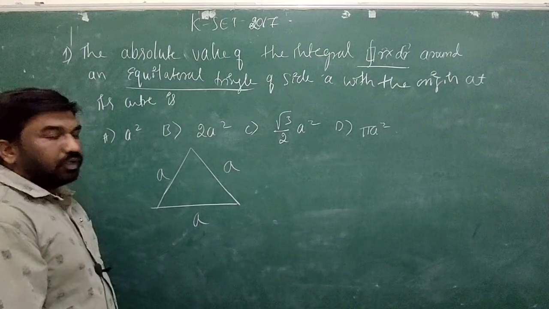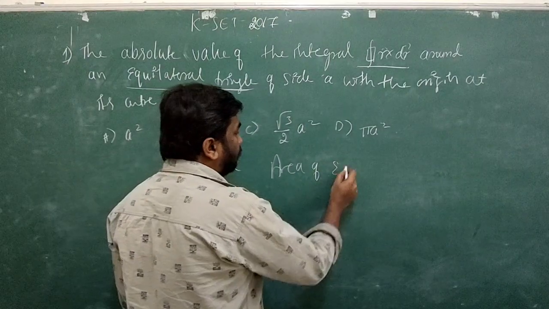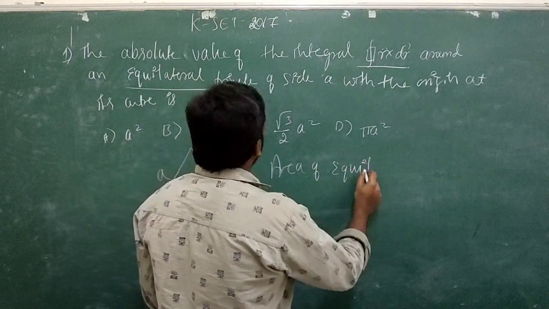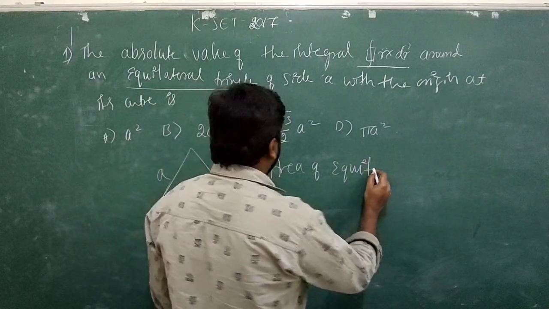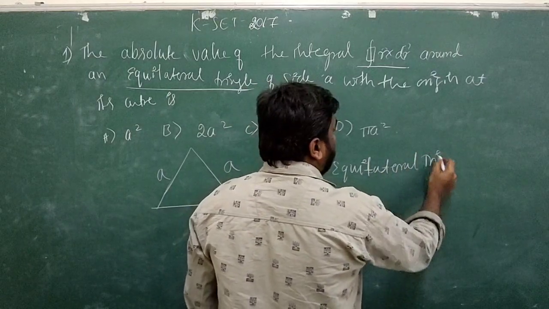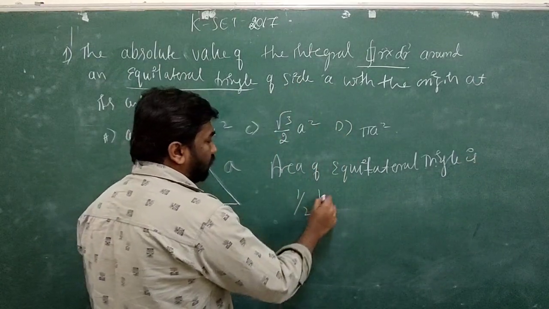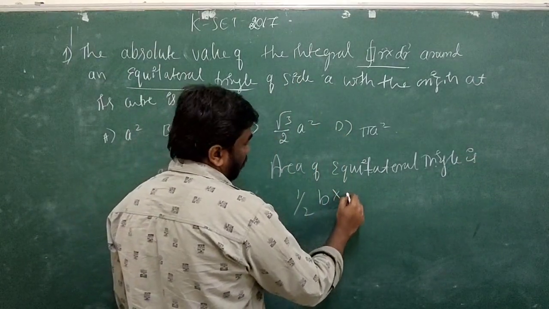A. We know that the area of an equilateral triangle is half into base into height.